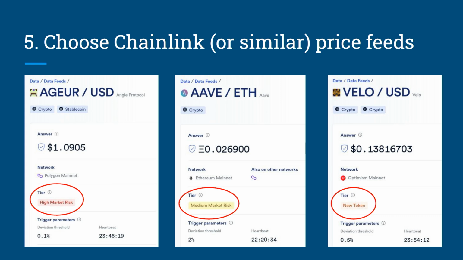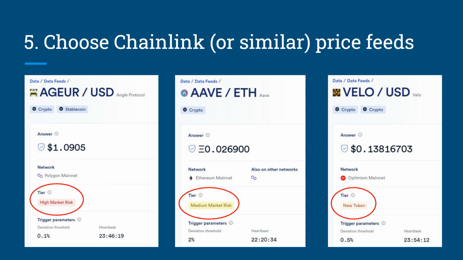OK, you decide you've got the right price feed. You know which asset you're dealing with. You go to Chainlink, you find the oracle, and wait a minute, what's this? High market risk, medium market risk, new token. What are these values? To be honest, I don't know exactly how these are calculated, but this is merely a demonstration that you cannot say the oracle's on Chainlink and I'm safe. There are different risks associated with these price sources.